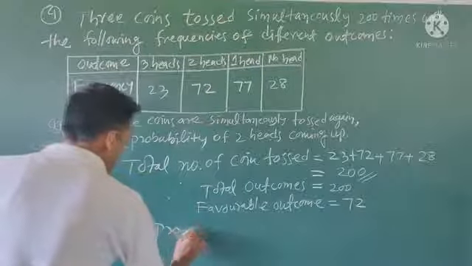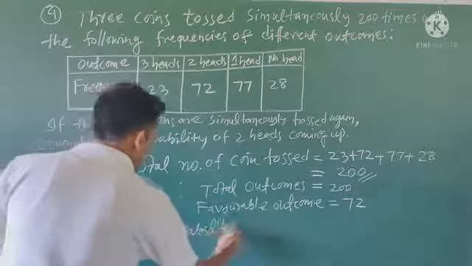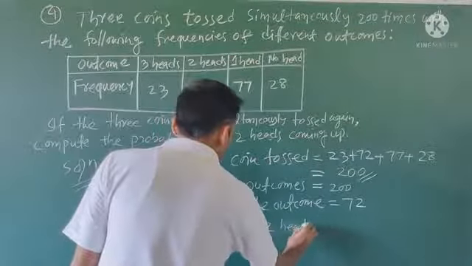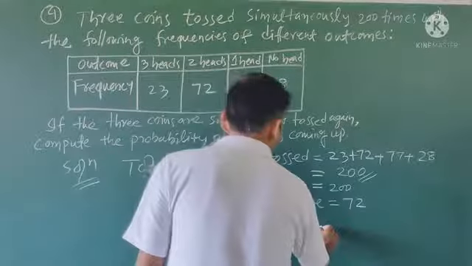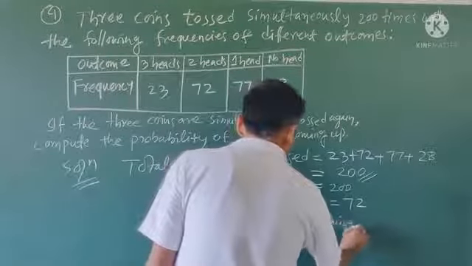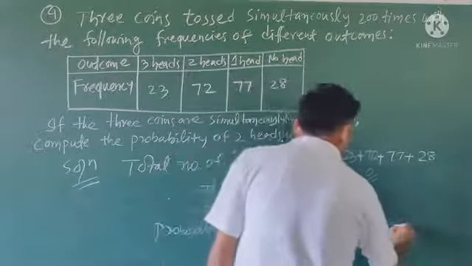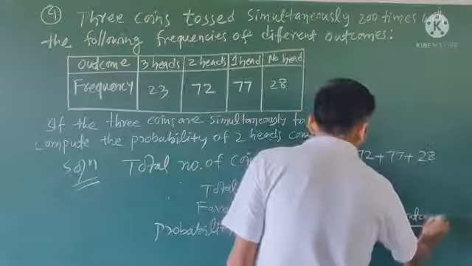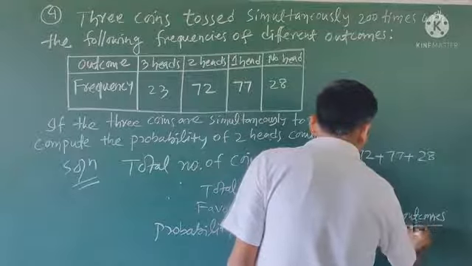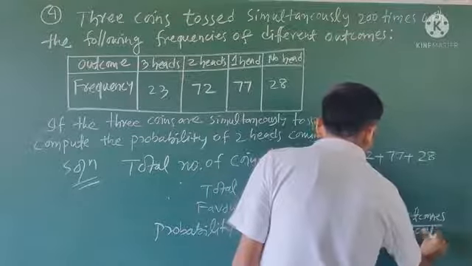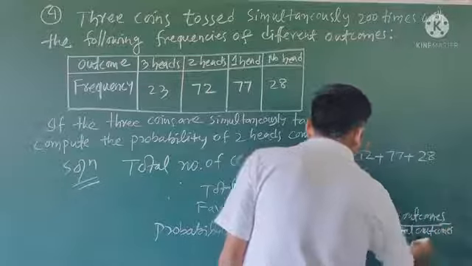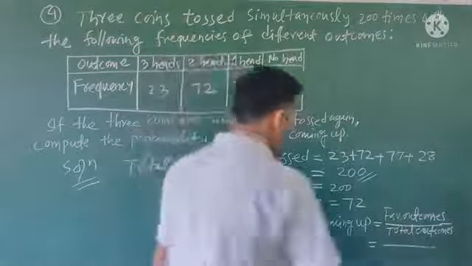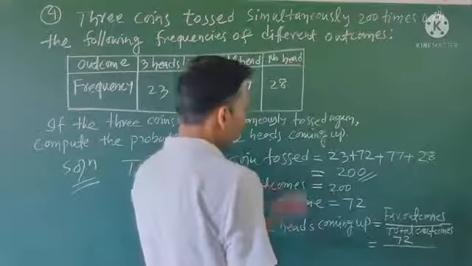Probability of 2 heads coming up is favorable outcomes divided by total outcomes. Favorable outcomes we have 72. Total outcomes how much? 200.